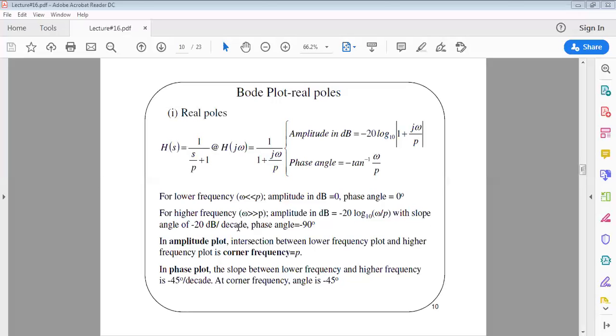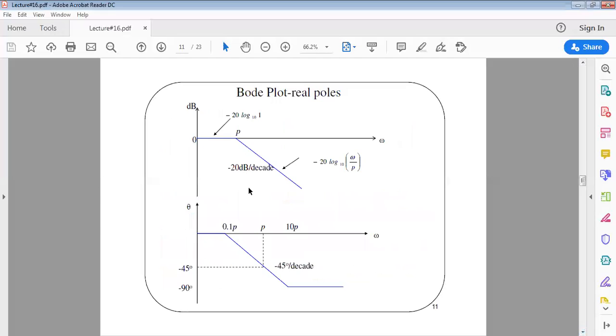So let's have a look at the sketch for this real pole case. This is the sketch for the amplitude. As said just now, for the lower frequency case, the amplitude is 0 dB. For the higher frequency case, the slope of the graph will be negative 20 dB per decade, where the amplitude is given by negative 20 log omega divided by p.